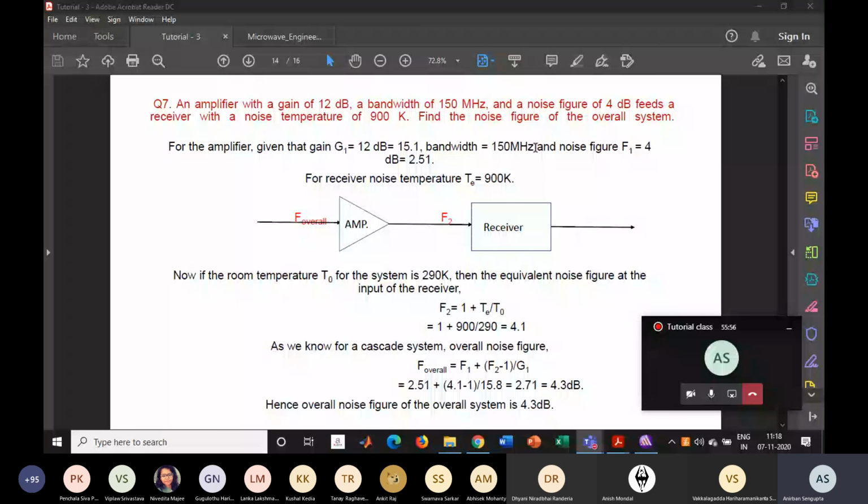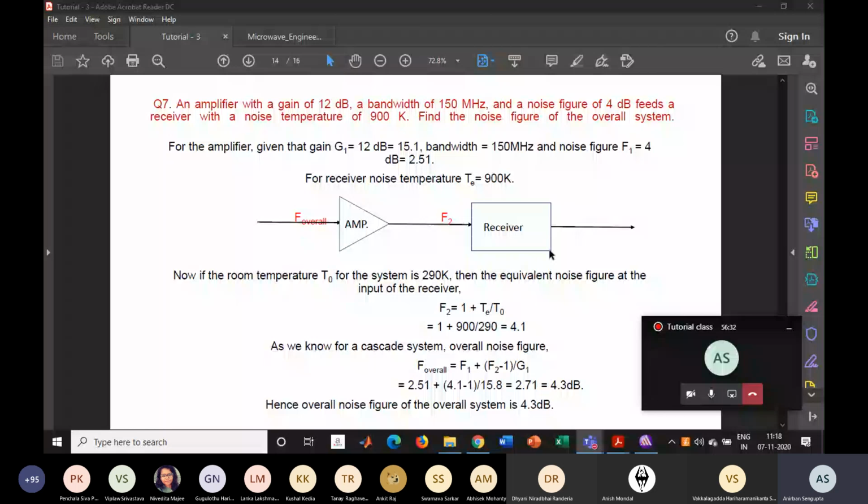If we take the room temperature T naught as 27 degrees centigrade, which is 290 Kelvin, then the noise figure at the input side of this receiver, F2, will be 1 plus Te by T naught. Te is the effective noise temperature of the receiver and T naught is the room temperature. You will find F2 as 4.1.